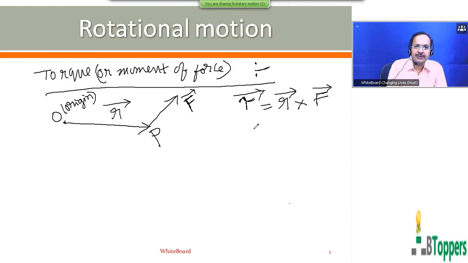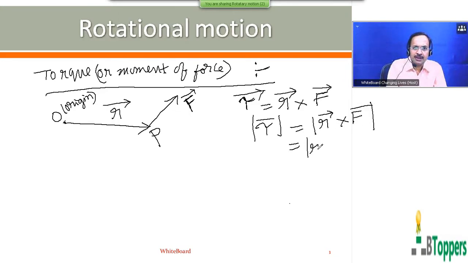So going by the definition of the cross product of two vectors, the magnitude of the torque or moment of the force F bar is given by the magnitude of the cross product of R bar and F bar, which you can write as mod of R bar into mod of F bar into sine theta.